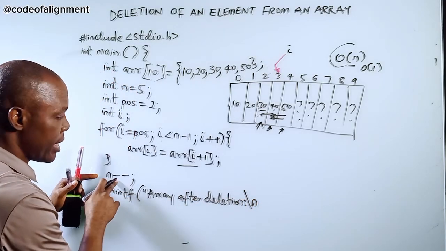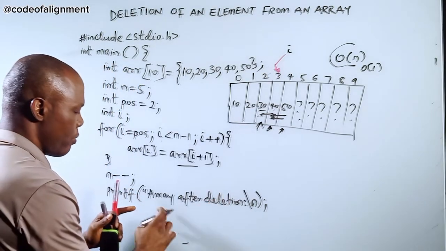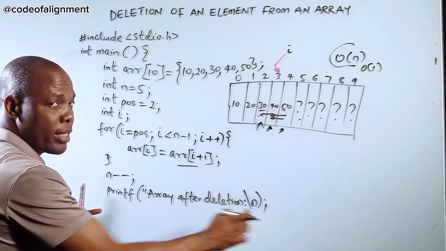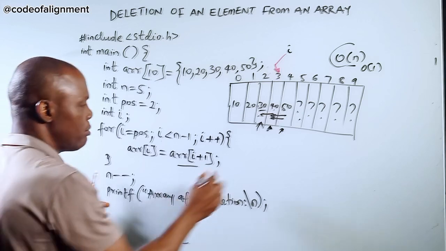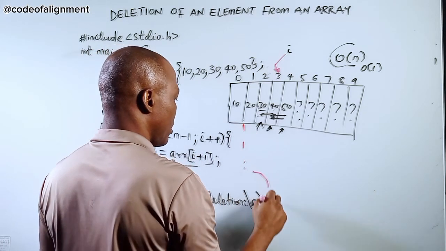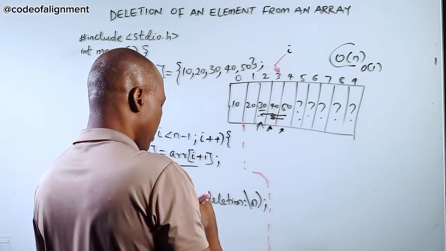This n is not the same thing as this n. So meaning, once you print this out on the screen, array after deletion, go to the next line and print out the values of the arrays. So I'm going to write a for loop, but let me bring it here. So what should be under this place is what I want to write here.